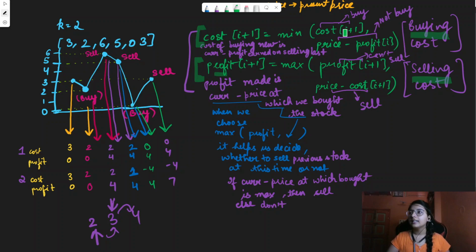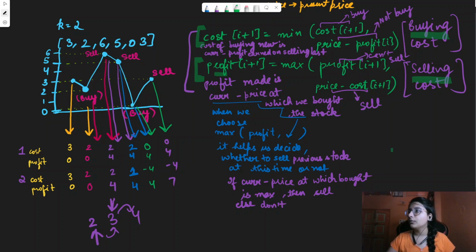So this is the scenario when we are having a particular stock, and if by subtracting the present price and the next stock we get the maximum, then we will be selling that.